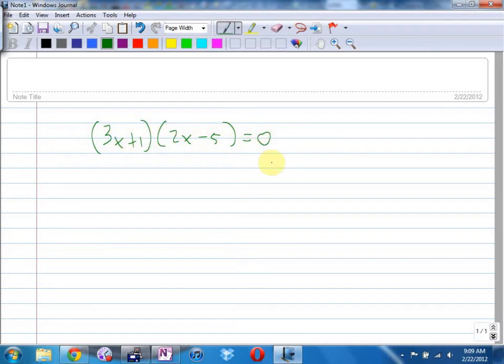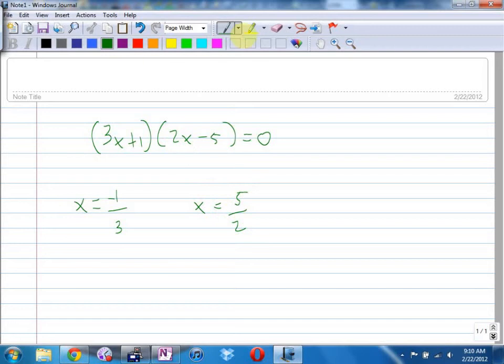Do you remember you could just glance at this and tell me the roots? What were the roots? It was change the sign of this number, divide by the coefficient, change the sign of this number, divide by the coefficient. Remember doing that?